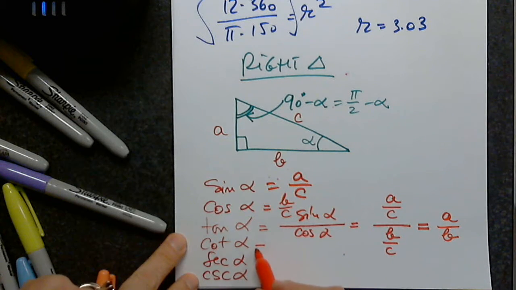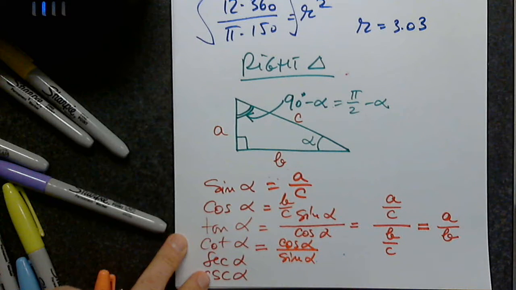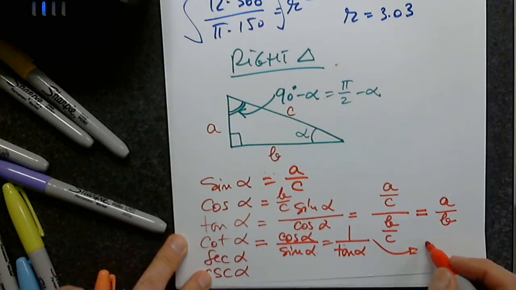Cotangent, by definition, is cosine alpha over sine alpha, which is the reverse of tangent, right? So this is nothing else but 1 over tangent alpha. And what is 1 over tangent alpha equal to then? That's it.